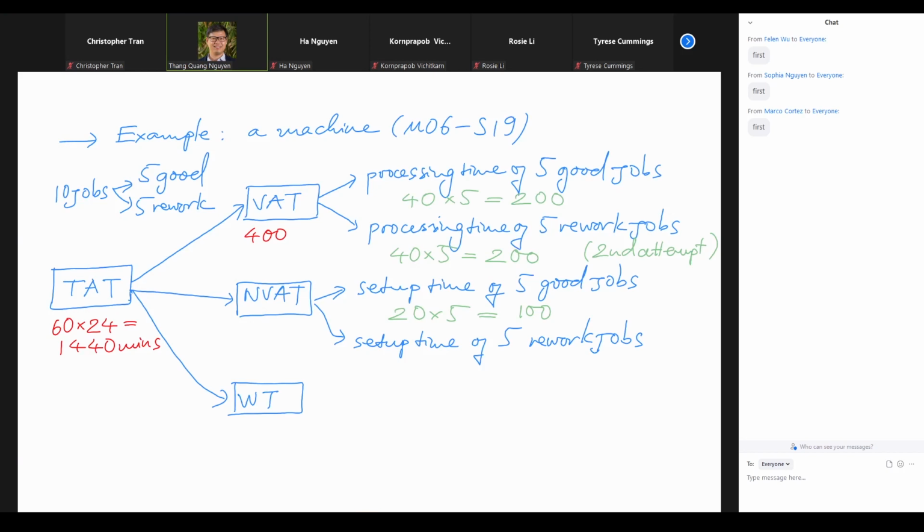I hope now everybody sees that we should not count the first attempt here, right? That's right. Because the first attempt is a failure. The worker set it up and then cut it, and then he or she finds out that it is a wrong cut. So the setup is wasted, right? The cut itself is wasted, but the setup is also wasted. So we should not count the first attempt here. It should be the second attempt.